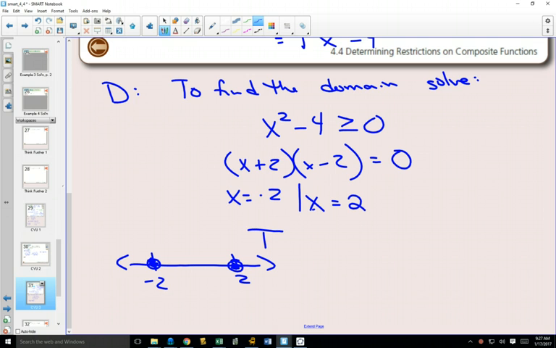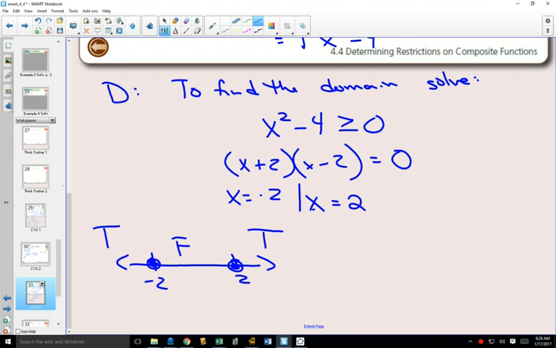Negative 4 is not greater than 0. Then you would be taking the square root of a negative, and that would be false. And finally, large negative numbers: if you plugged in negative 5, squared becomes positive 25. Subtract 4 will still be greater than 0. This section is true. That's using our test values.